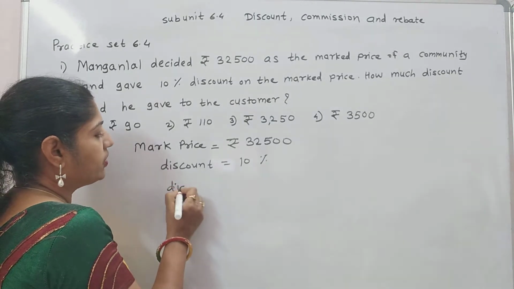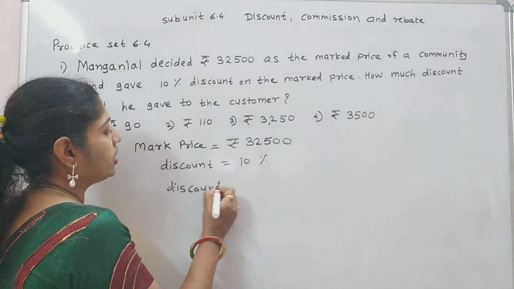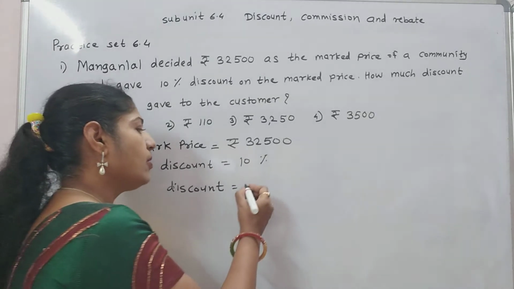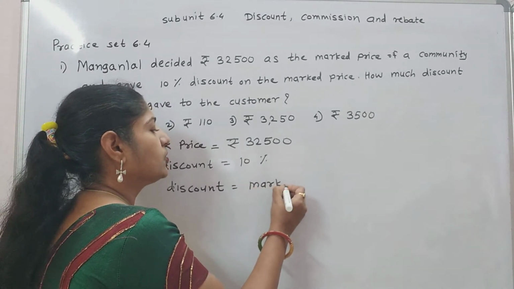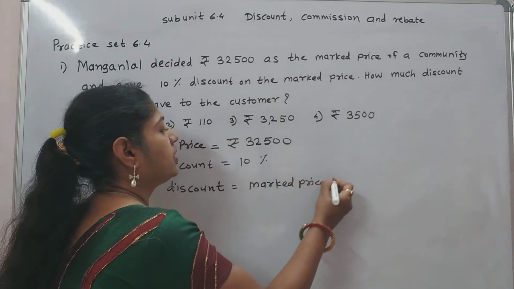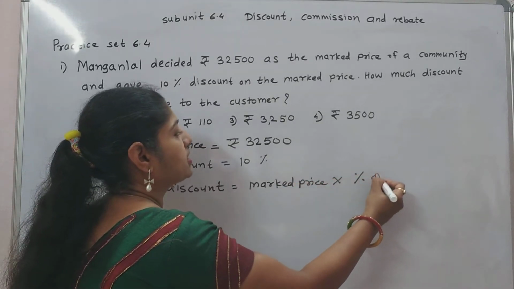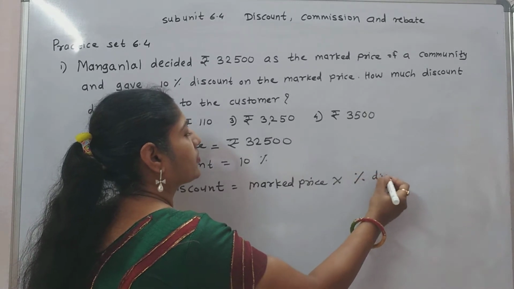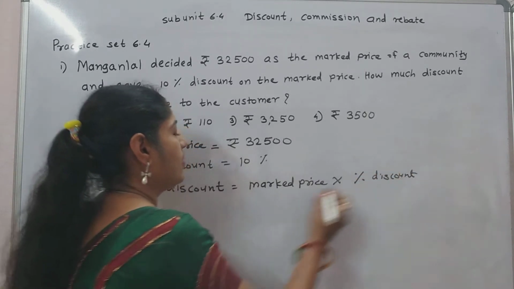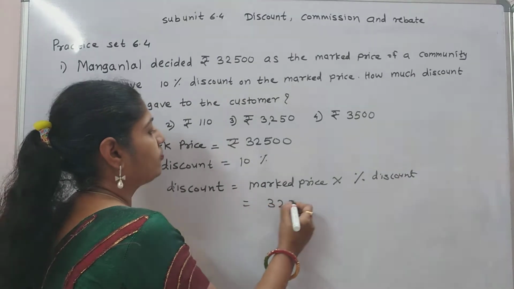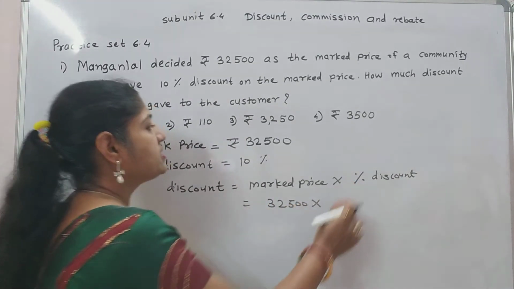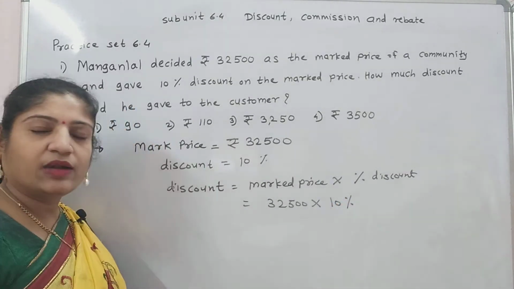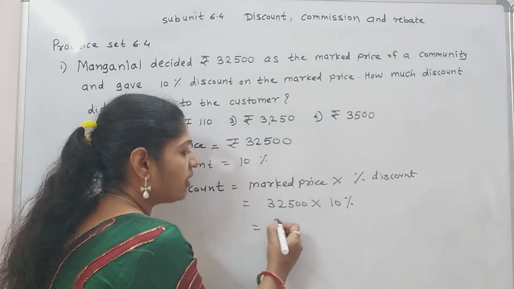So discount equals, use the formula, mark price into percentage of discount. Mark price 32,500 into percentage of discount is 10%, and you know that 10% is written as 10 upon 100.